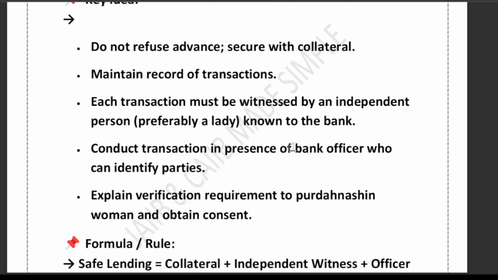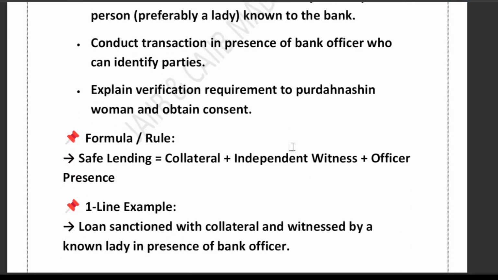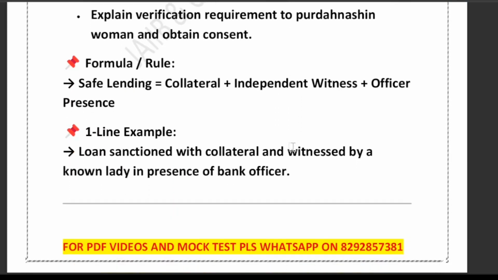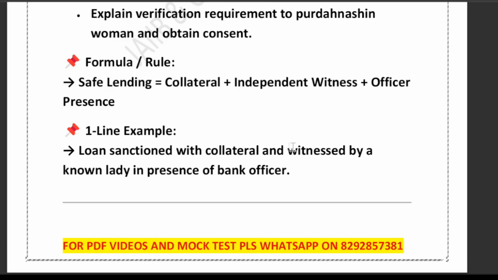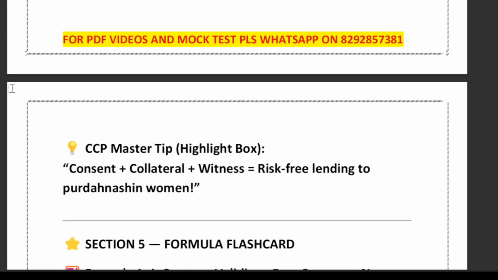Explain the verification requirement to the Parda Nasin woman and obtain her consent. So the rule is very simple: safe lending includes collateral plus independent witness plus officer presence. For example, a loan sanctioned with consent, collateral plus witness is risk-free lending to Parda Nasin women.